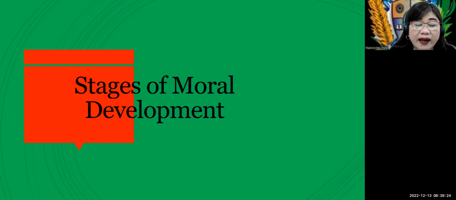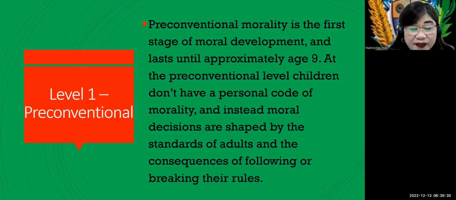So, again, now about the 3 levels of moral development: first, level 1, which is preconventional. This preconventional morality is the first stage of moral development and lasts until approximately the age of 9.